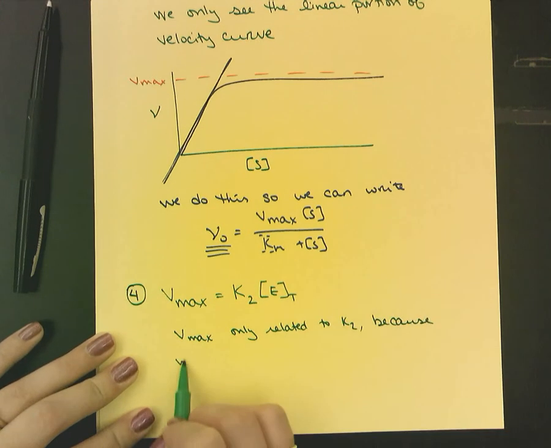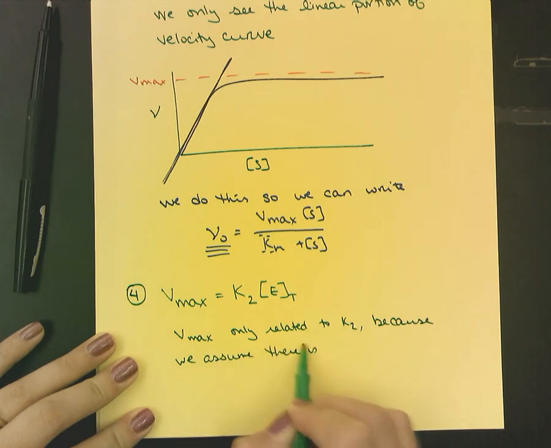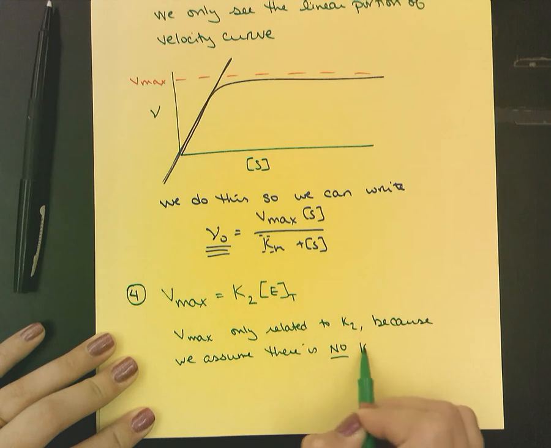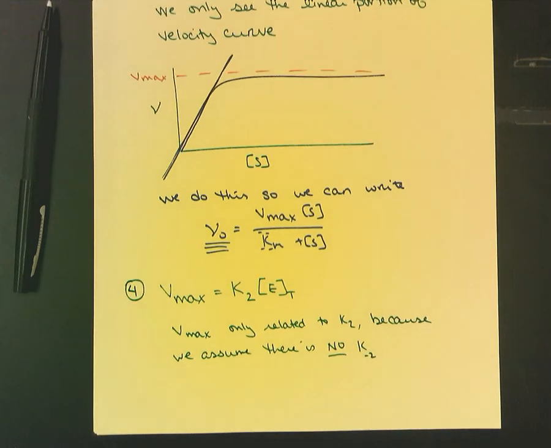Because we assume, bless you. We assume there is no K2 minus. There's no reverse of K2, right? So there's K1, K minus 1 in opposite directions. In theory, there'd be K2 and K minus 2. We assume that there is no K minus 2, which means the maximum velocity is only related to the forward direction and the total enzyme concentration.